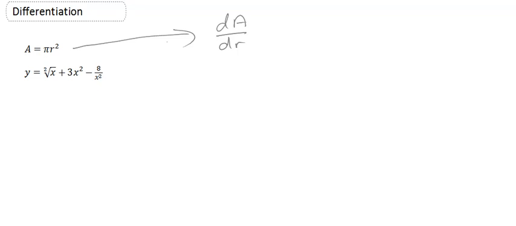So I've got dA by dr, so that means my method that I use for differentiation applies to the r's. So my method, remember, is multiply by the power, subtract 1 from the power.